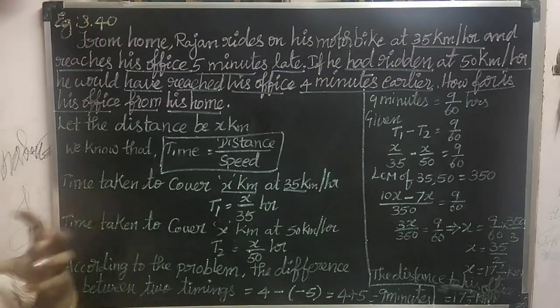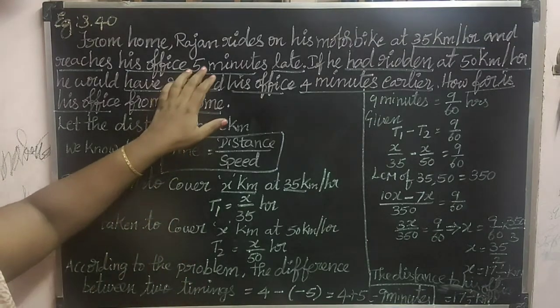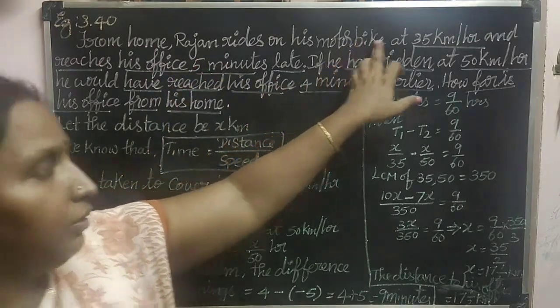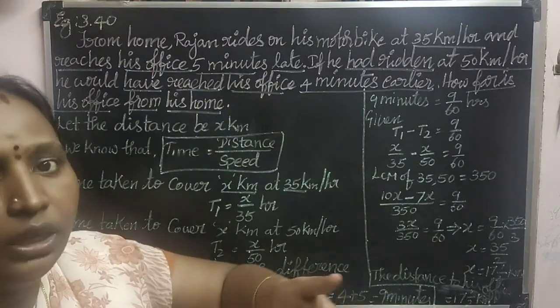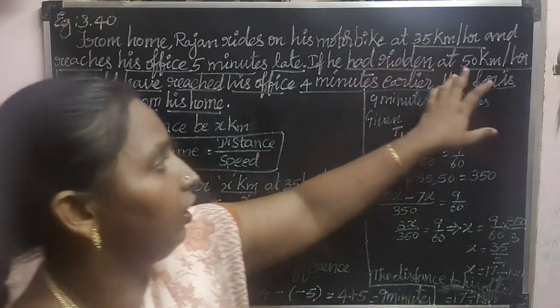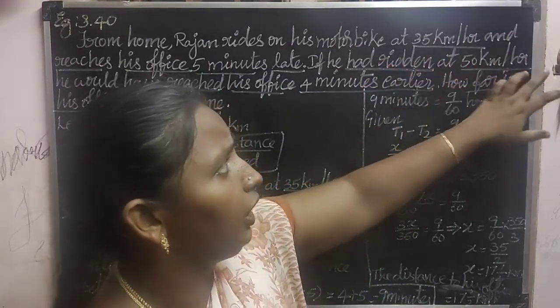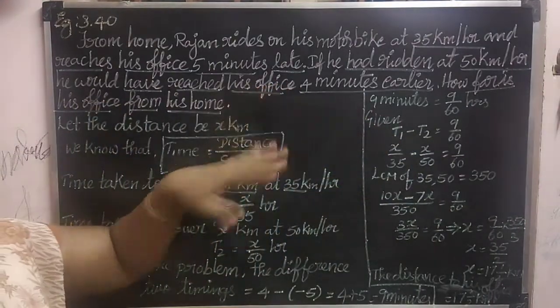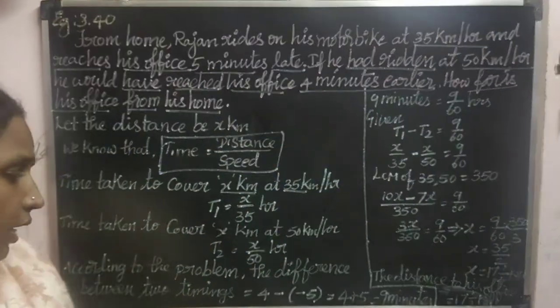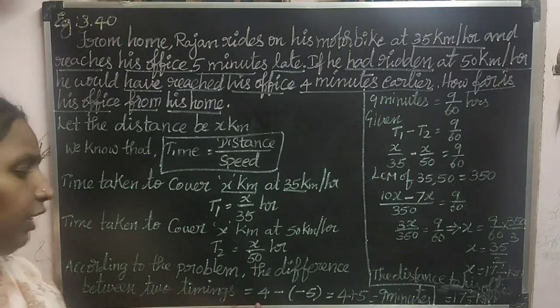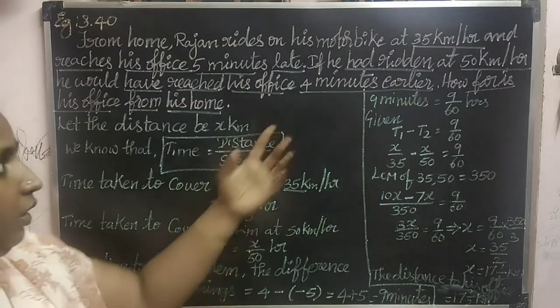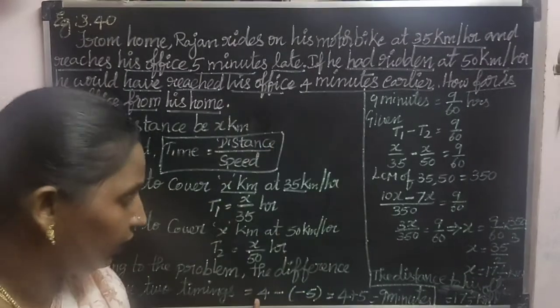Next, they have given the time difference. If he rides the motorbike at 35 km per hour, he is going to reach 5 minutes late. But if he drives at 50 km per hour, he will reach his office 4 minutes earlier. So now we are going to find the difference between the two timings. First of all, the earlier timing is 4 minutes, right?